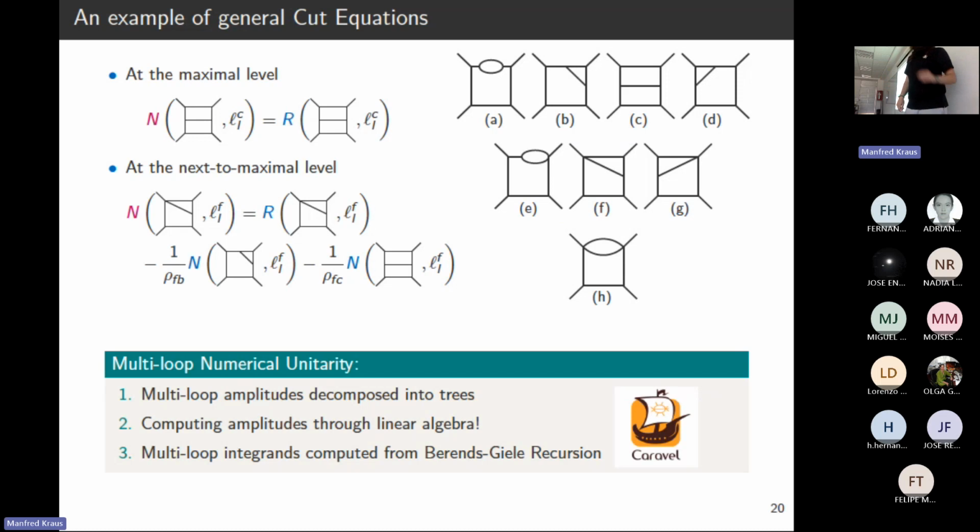two-loop amplitudes. So essentially what we are using is the fact that we can decompose multi-loop amplitudes into products of trees. We are now essentially computing loop amplitudes simply by using linear algebra. It's nothing complicated anymore. And the integrands of the multi-loop things are computed from powerful numerical recursion calculations.